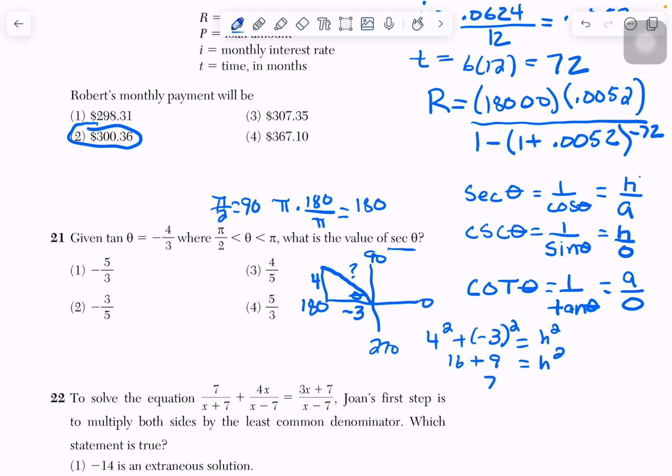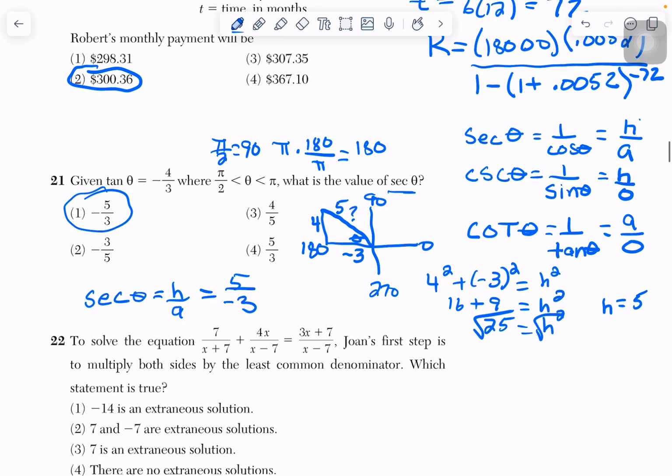If you ever heard of this, this is the world famous 3, 4, 5 right triangle. H squared, you take the square root, so the hypotenuse is equal to 5. So this is 5. All right, so secant is the opposite of cosine theta. So it's hypotenuse over adjacent, which is equal to 5 over -3. So it's choice 1.